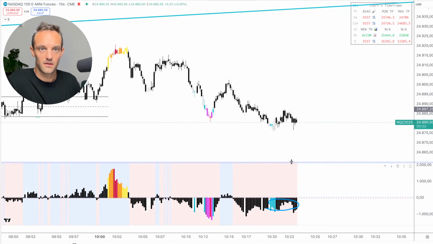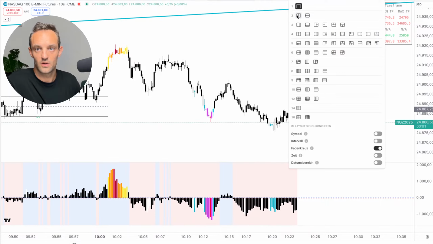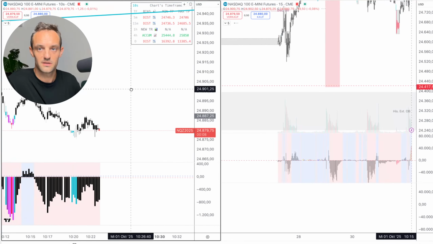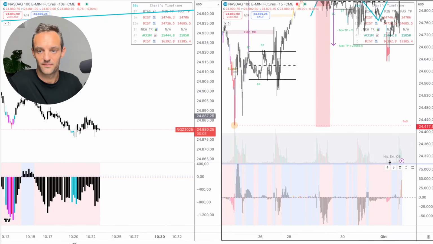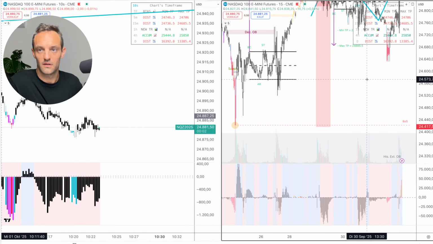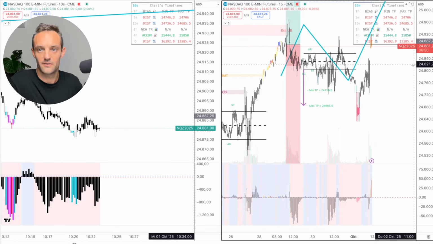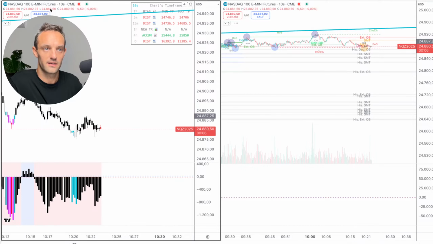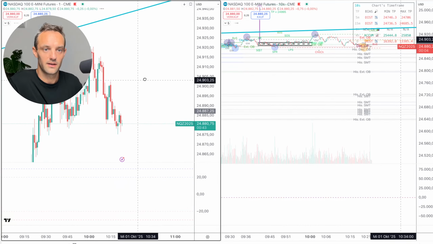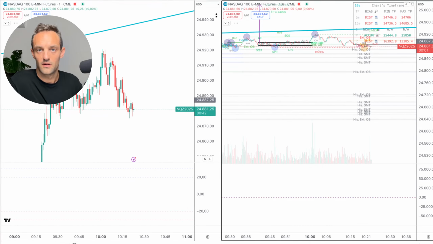Because it's changing here. You can look at more time frames. Of course, something like this. Wait, what do I have here? 50-minute. Usually I have the 10 seconds on the right. I have 1 minute on the left. And we do the same.